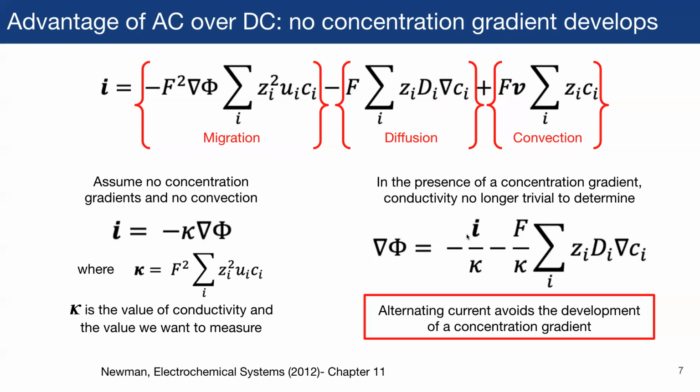There's no longer a linear relationship between our current and our applied potential. As a result, you can no longer easily backtrack out the value of the impedance. So that's why we use alternating current in these systems, because we do not want to create concentration gradients in our sample through diffusion. As a result, we use alternating current to stick to this linear response.